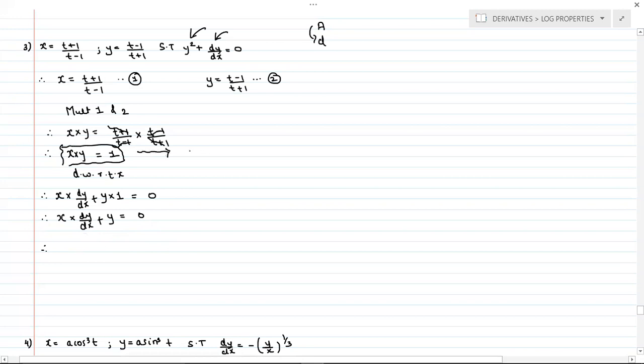Here I will prepare one value for x, x equals to 1 upon y, and I will give this part as equation number 3. So in place of x, I will write here 1 upon y into dy by dx, plus y equals to 0.